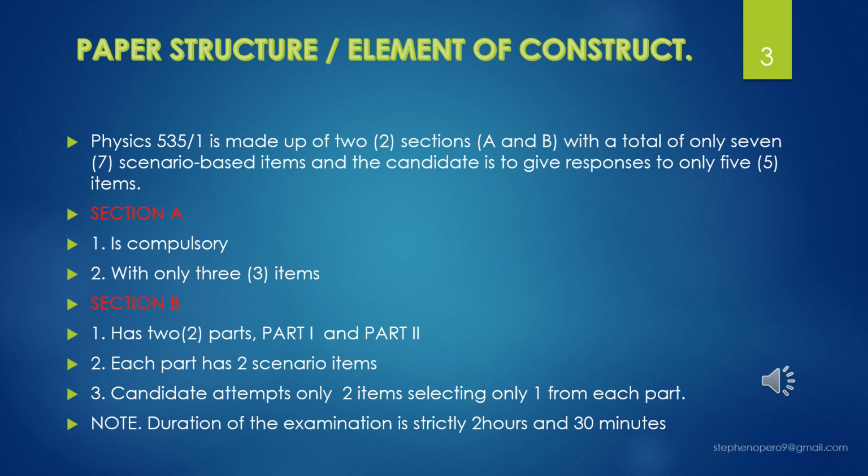So in section B a learner attempts only 2 items, plus the 3 of section A, making a grand total of 5. Note the time is strictly 2 hours and 30 minutes for this paper. Let's move to the next slide.